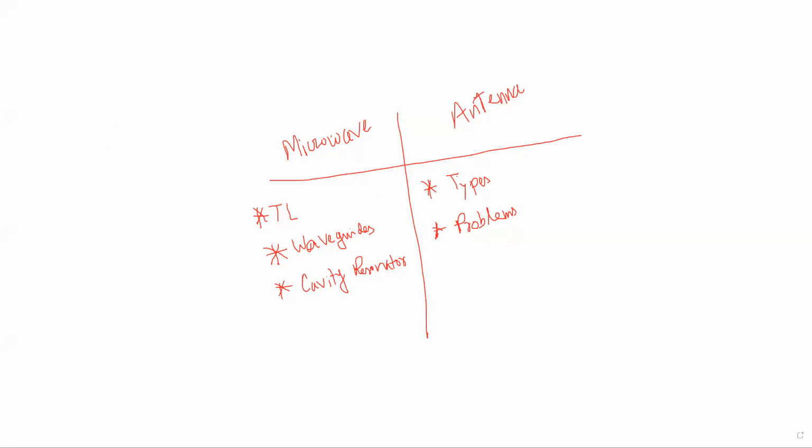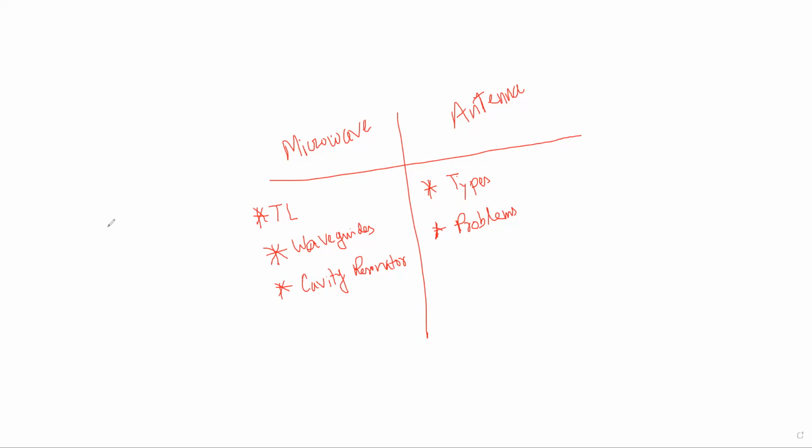Hamid, Mithun, Abdullah. Yes, sir. Can you tell me what you understand by microwave? Sir, microwave is a form of electromagnetic radiation. Yes, electromagnetic radiation. That's good. It is actually electromagnetic radiation.